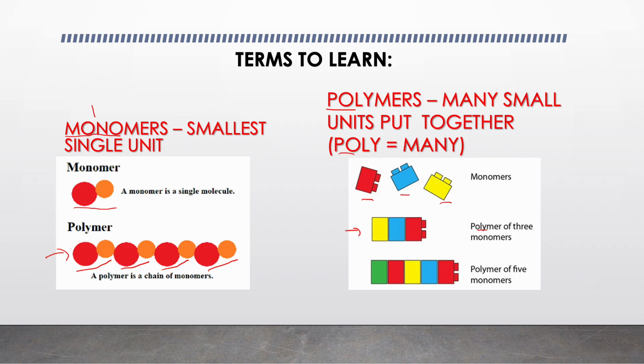This polymer is made of 3 monomers, 1, 2, 3. This last one, again, is a polymer, and it's made of 5 different monomers, 1, 2, 3, 4, 5. That's 5 different Legos or 5 monomers combined together to make a polymer.